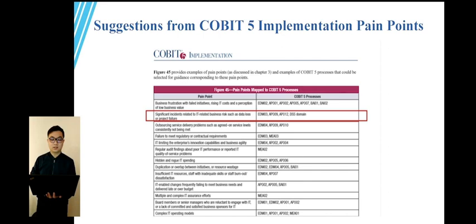We find that the bank best matches pain point number 2, mentioned on page 61 of the COBIT 5 implementation document: significant incidents related to IT-related business risks, such as data loss or project failure. And we applied EDM 03, APO 12, and DSS 02 of the suggested IT-related risk processes, which best fit the bank case.